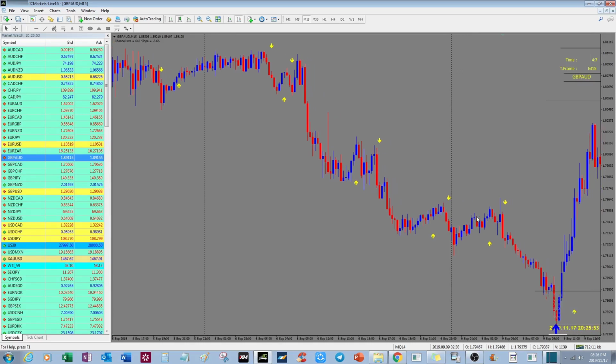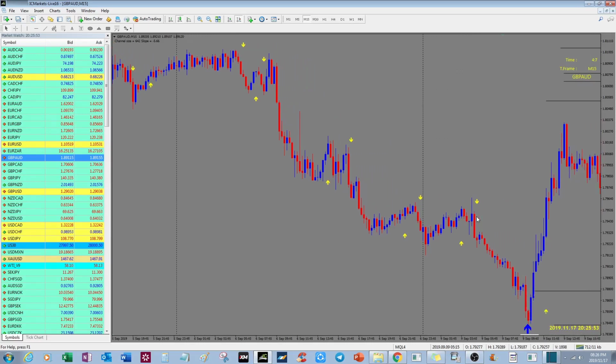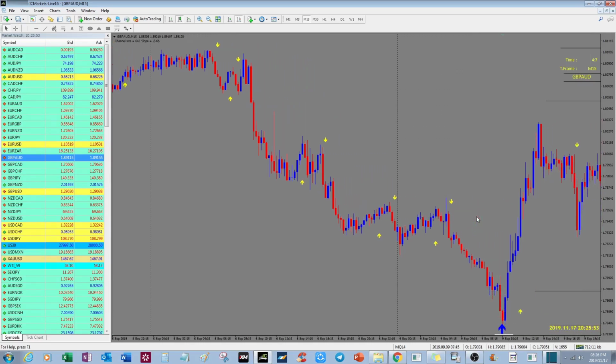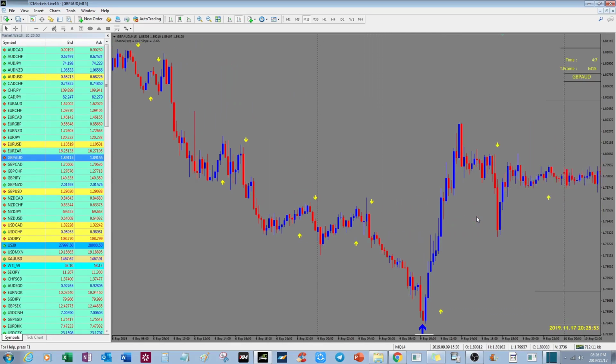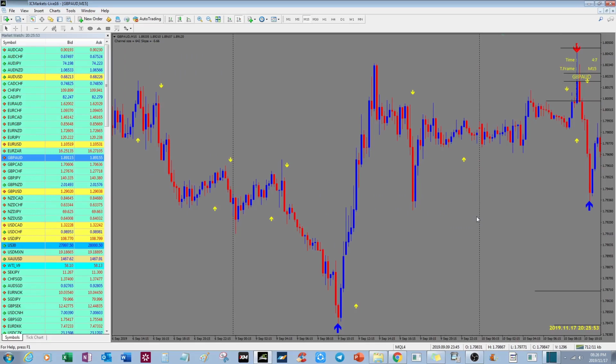Let's just see what's the gain. Again, the market is not coming back to the big arrow, guys. There we go. We got in there and got out here: 150 pips for a risk of 54 pips. That is a 1:3.